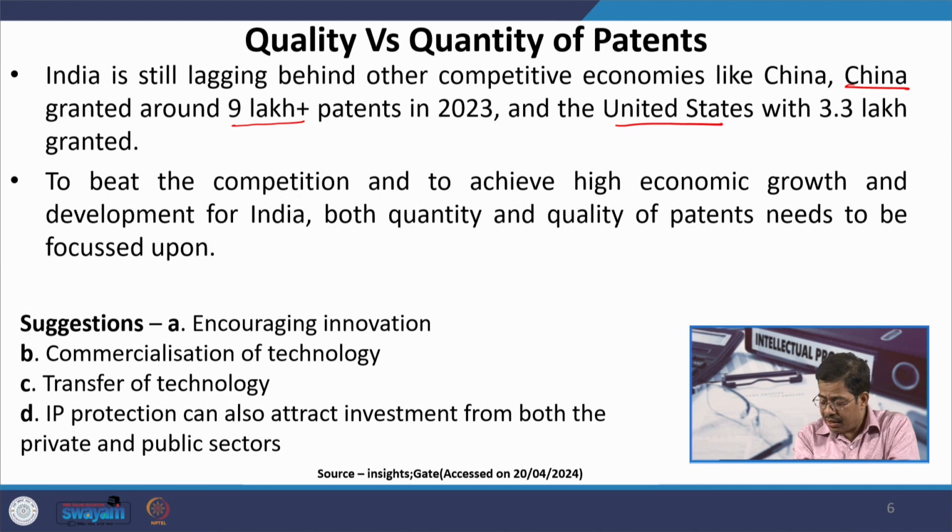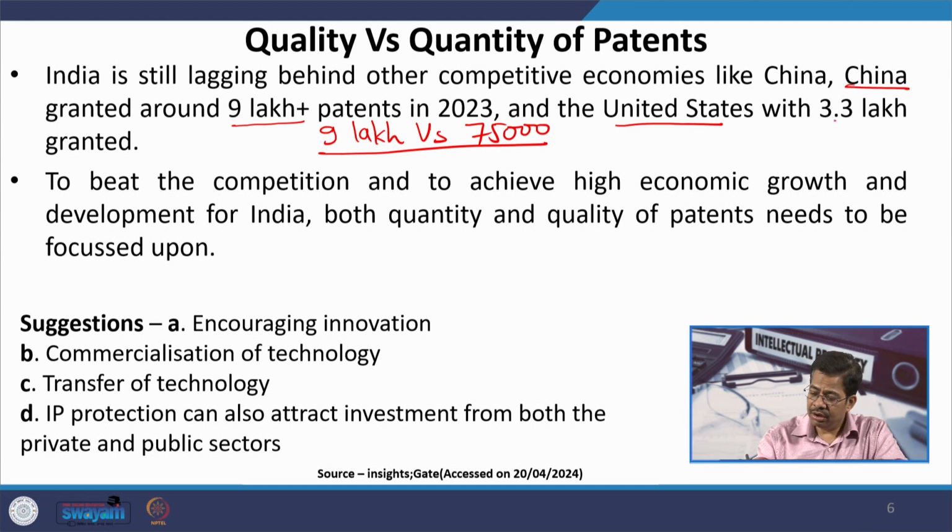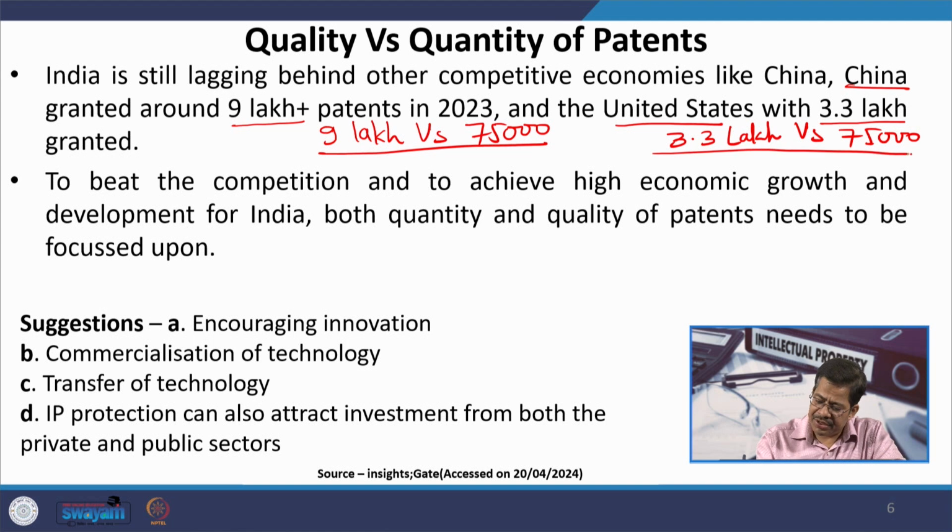So, you can compare 9 lakh versus 75,000, or USA, which granted 3.3 lakh versus 75,000.